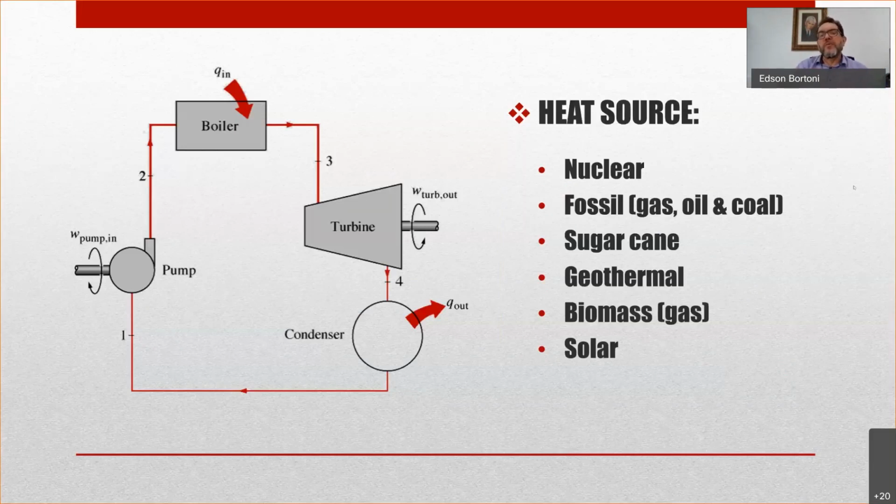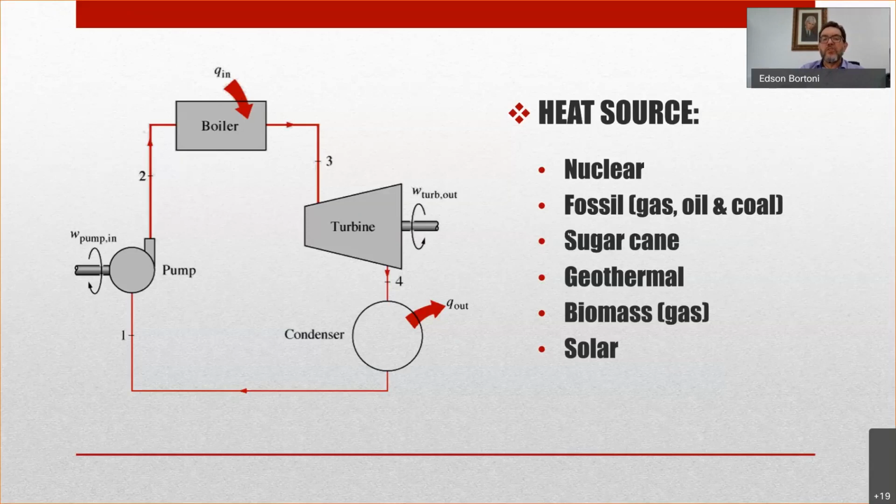For fossil, you can burn gas, oil, or coal to give heat to the water. You can use, for example, sugar cane bagasse: you can burn the bagasse and heat the boiler.